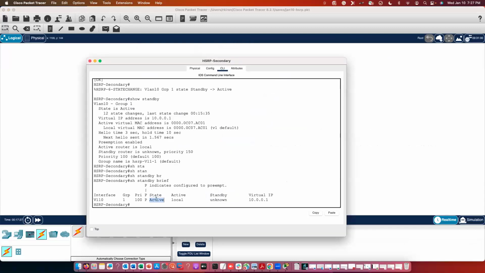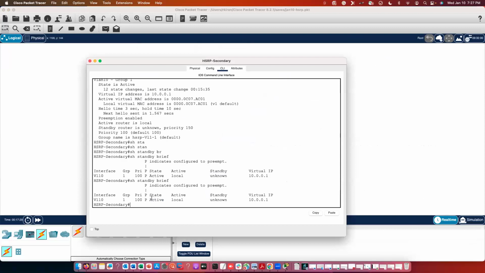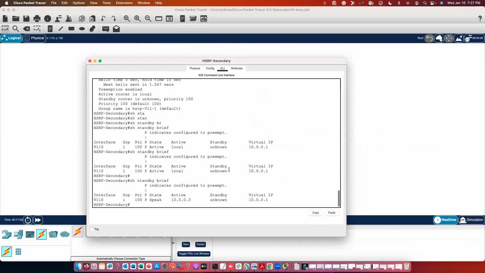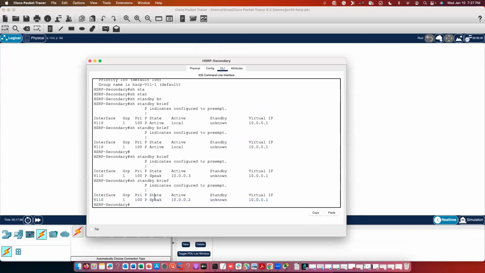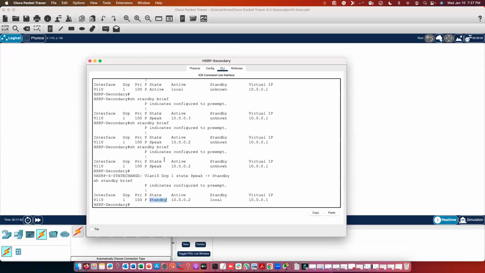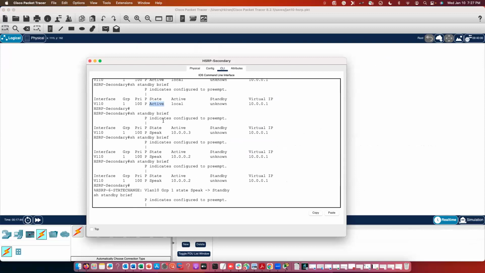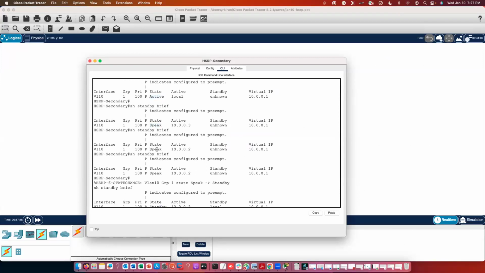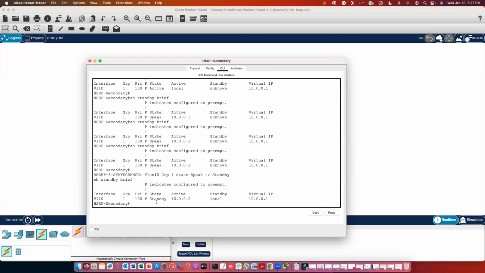Earlier it was active. Still it was active. Now let's see. It's in the speak state now. Speaking again. Speaking still. Now it's standby. So it was active earlier, went to the speak state, and then to standby.